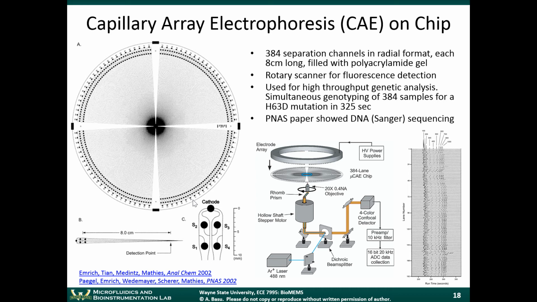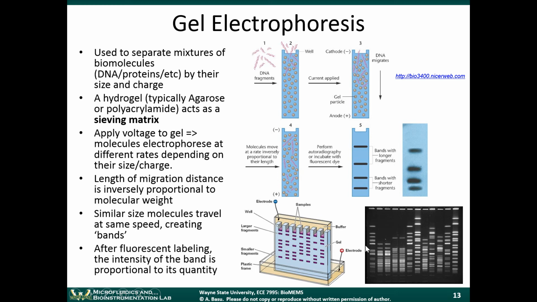When you want to do high throughput genetic analysis, meaning you want to analyze many samples simultaneously, this is where capillary array electrophoresis comes in handy. You still have a single voltage source, but that voltage source is being applied to many, many channels simultaneously. In a sense, it's similar to a gel, where you have all these lanes being analyzed simultaneously. You just have a single voltage source between the top and the bottom of the gel.